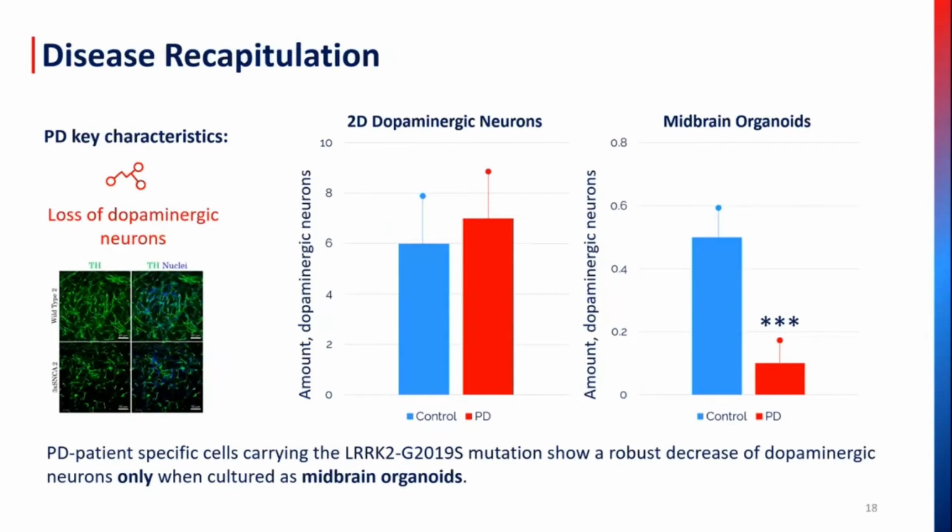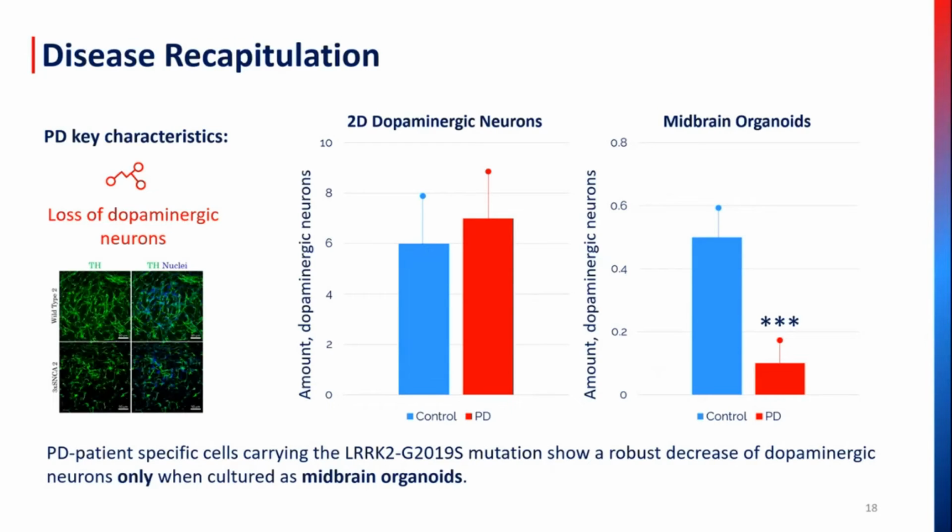So, as I mentioned, one of the characteristics of Parkinson's disease is the loss of dopaminergic neurons. So, in the images on your left, you can see the neurons that were generated from a Parkinson's disease patient: there are fewer dopaminergic neurons than in the healthy control.